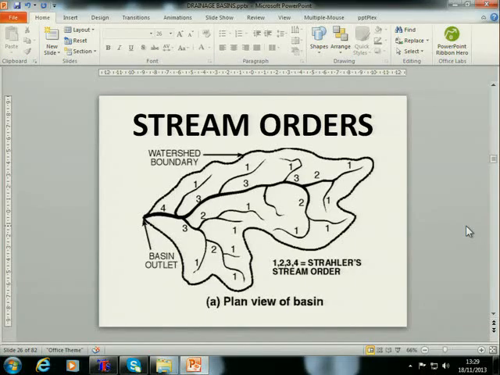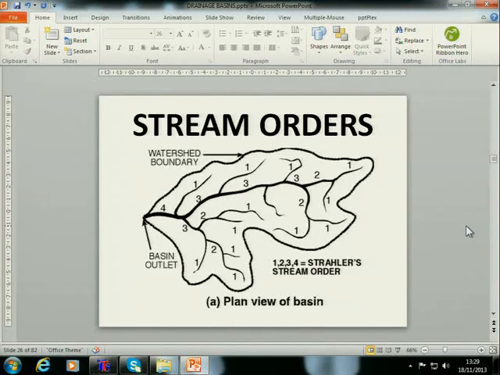Start numbering from the outside inwards. In other words, when it rains on the watershed, which of those tributaries will get water first? Those are numbered 1.